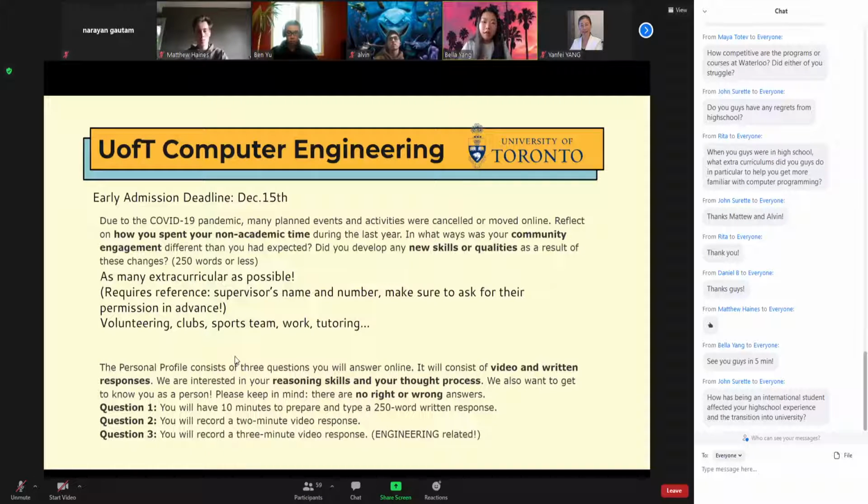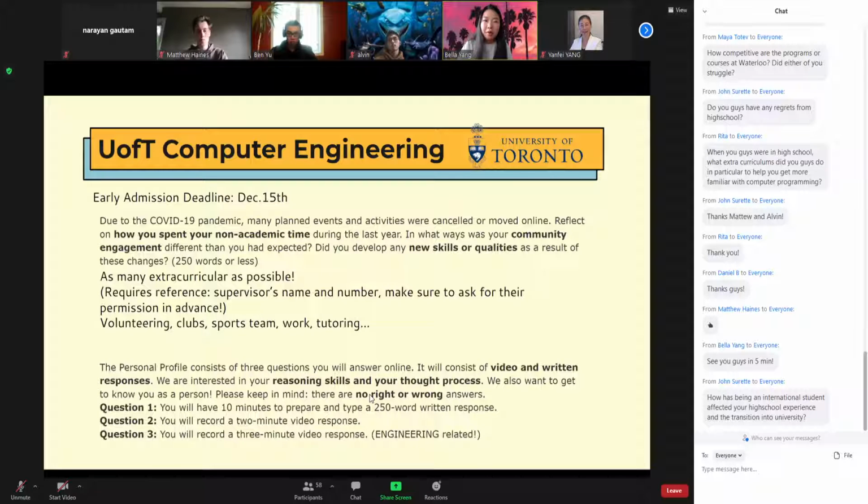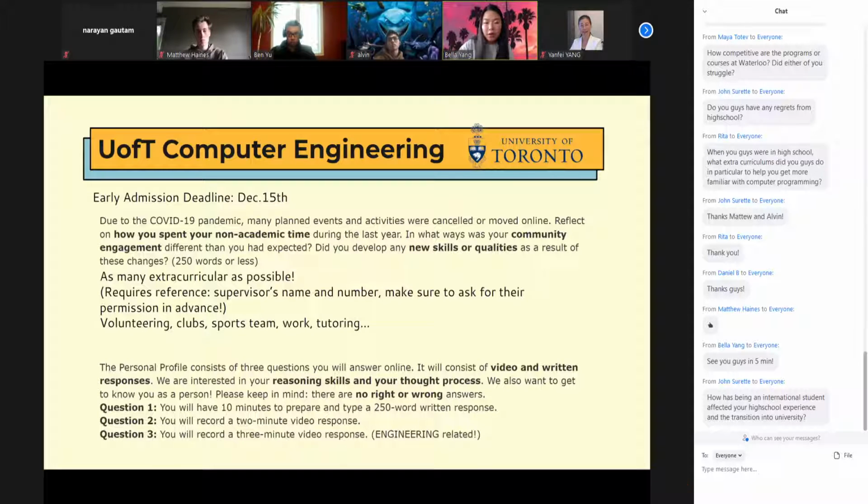And then the third question is the hardest question that I encountered in the supplemental application process. This question is related to engineering, and they provide you an actual engineering scenario for you to come up with a solution. However, any student before they enter the actual engineering courses is not expected to give a perfect engineering solution, and they're looking forward to knowing your reasoning skills and your thought process the most.